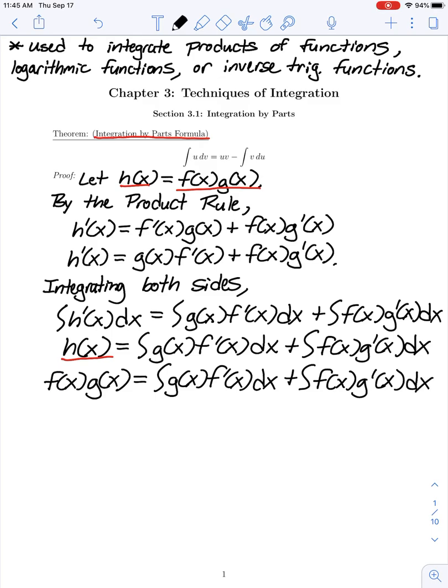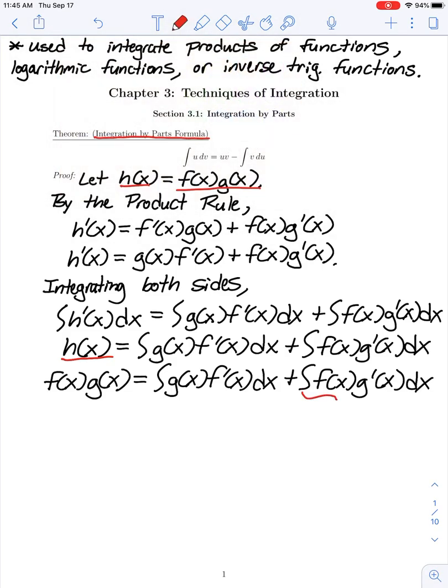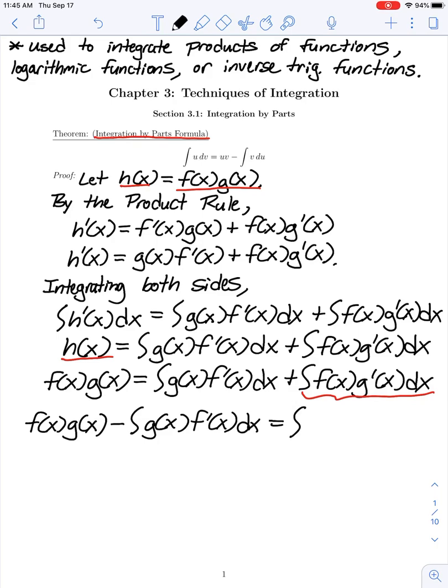So if I solve this equation for this integral on the right-hand side, what I have is the following. f of x times g of x minus the integral of g of x times f prime of x dx is equal to the integral of f of x times g prime of x dx.